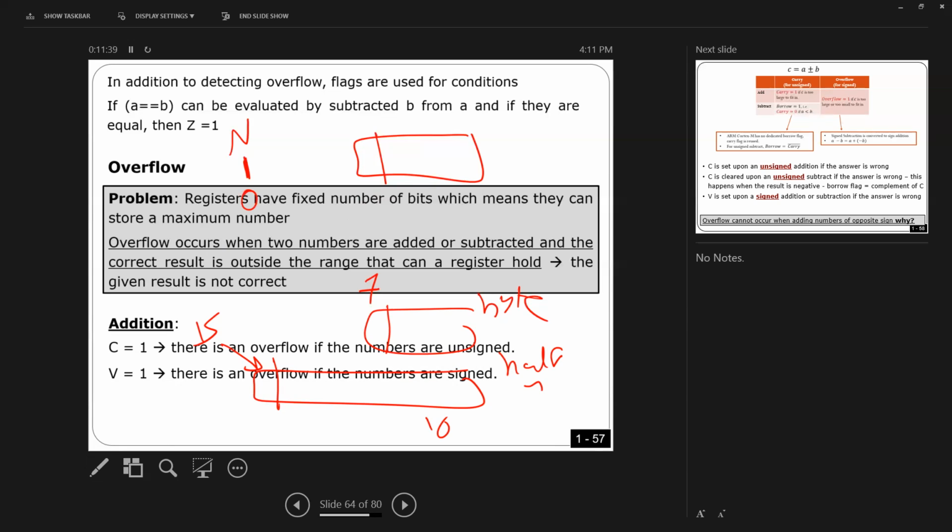If the result is not negative, meaning positive or 0, the flag should be 0. By the way, if the number is negative, the most significant bit is 1. If the number is not negative, this bit is 0. So you can see they are aligned, they are the same. So I can easily say what's going to happen: I'm going to copy the most significant bit and put it in N. So N should equal the most significant bit.